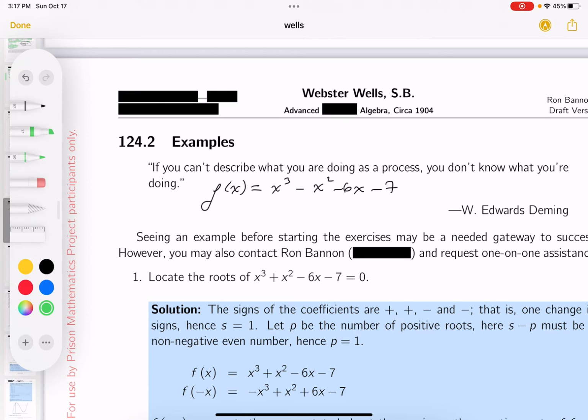I just noticed something. This guy Deming said, if you can't describe what you're doing as a process, you don't know what you're doing. Deming, at the end of World War II, he's American, was told to go to Japan and improve their manufacturing capabilities because they were devastated after the war.